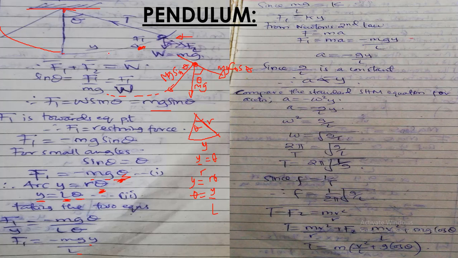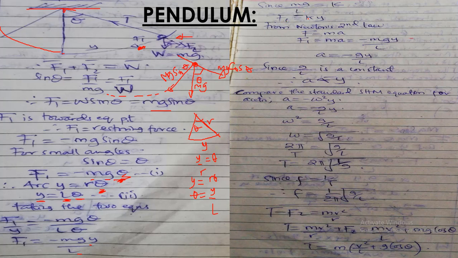As you can see, the body is moving maximum to the right, maximum to the left, maximum to the right, maximum to the left, and each time the distance y is the one that is changing. That's the displacement. You can see clearly that the mass is constant, the gravity is constant, and the length of string is constant.